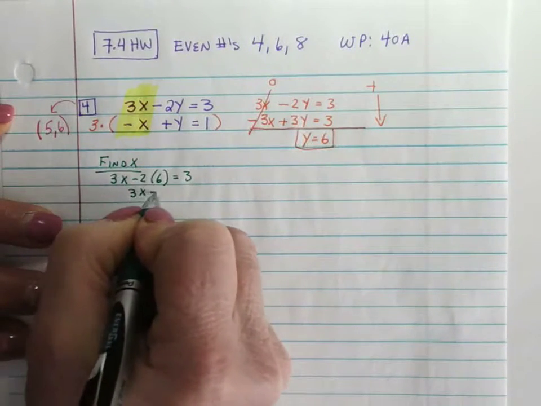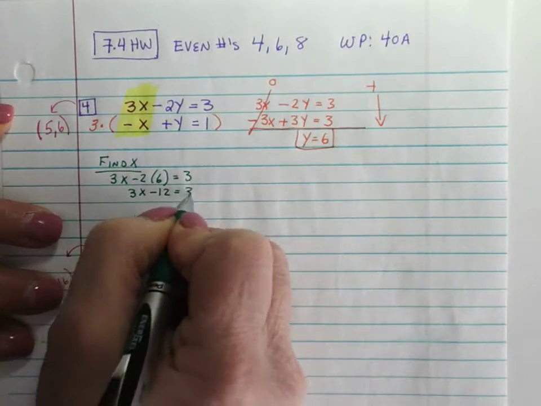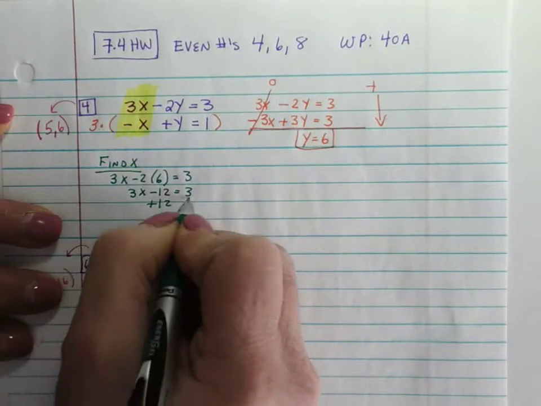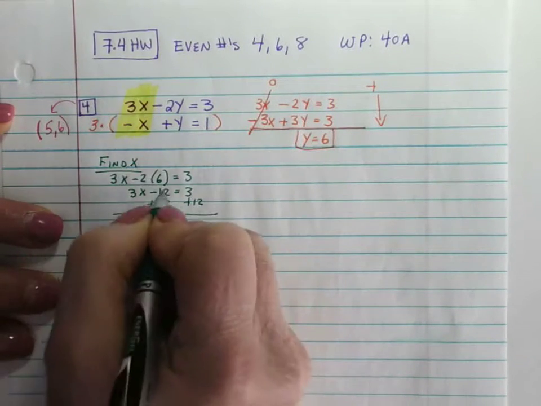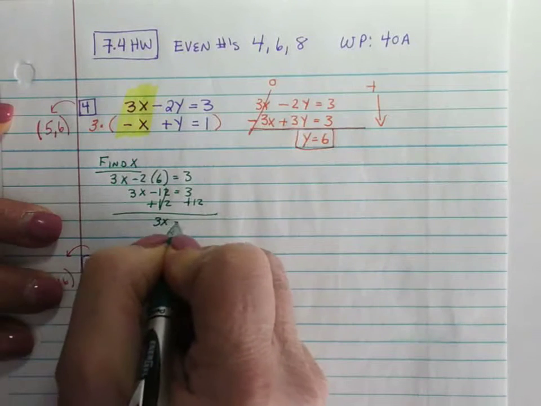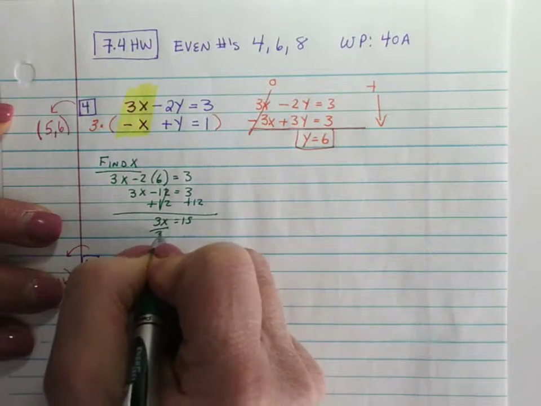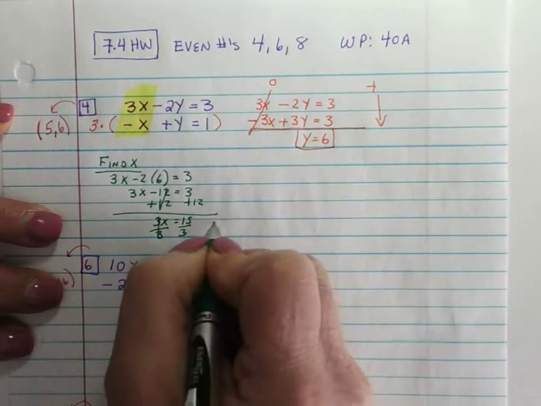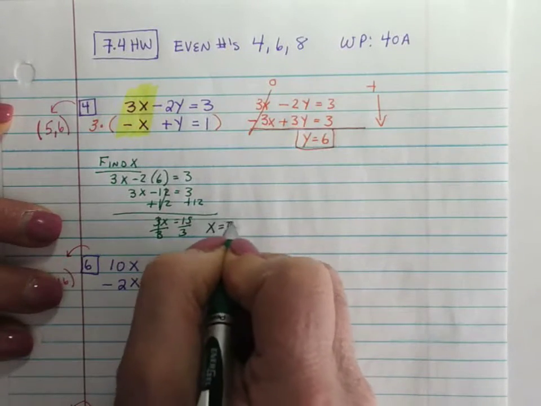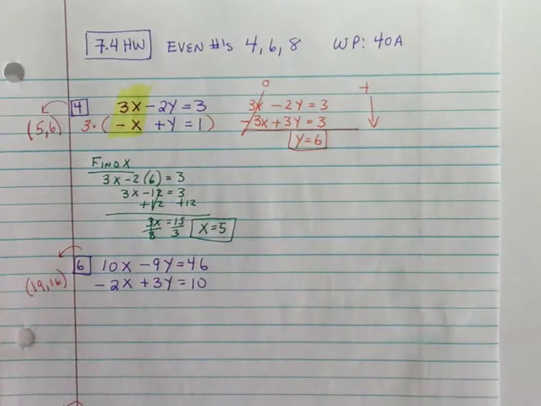And then I just work it out. We get 3x equals 15, divide by 3, x equals 5. All right.